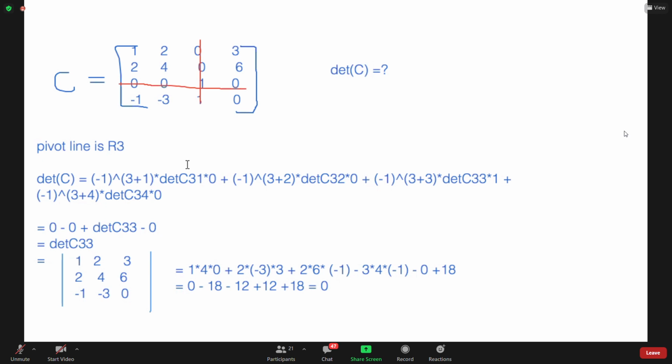After you cut them, you are left with a matrix of coefficients that form a 3x3 determinant, the ones of the coefficients remaining. So 1, 2, 3, 2, 4, 6, -1, -3, 0. Why? Again, because you cut away the line and the column corresponding to the position 3. Do you understand?